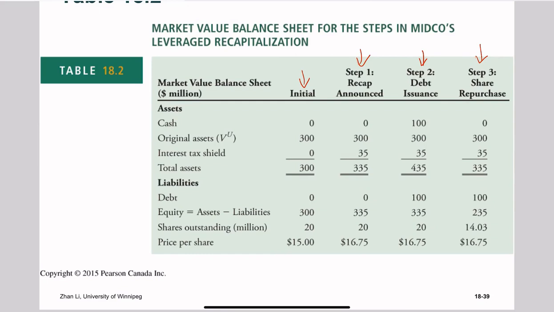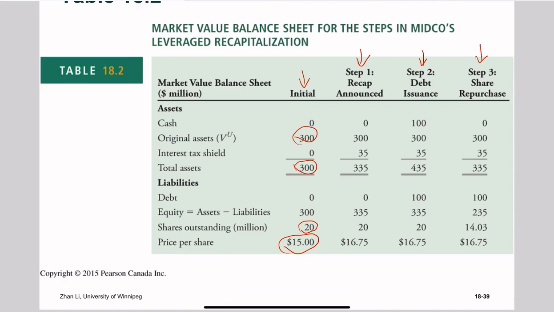So on the initial date, the firm has no cash and its total asset is $300 million, which is given by 20 million shares times $15 per share. And on this initial date, this firm is an all equity firm, so there is no debt. Next, in step 1, the firm announces there will be a leveraged recap.